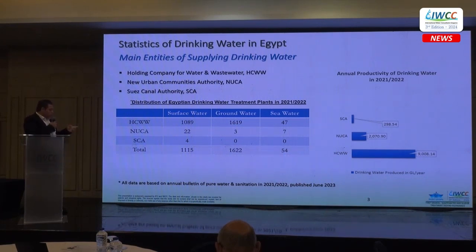And Suez Canal Authority has only 4 surface water treatment plants. We could say that holding company for water and wastewater produced about 9 billion cubic meter per year for 21-22, and NUCA produced about 2 billion cubic meter, and Suez Canal Authority produced about 300 million.